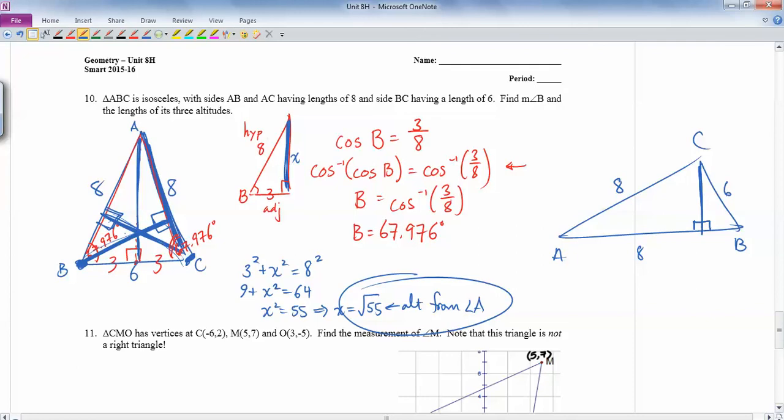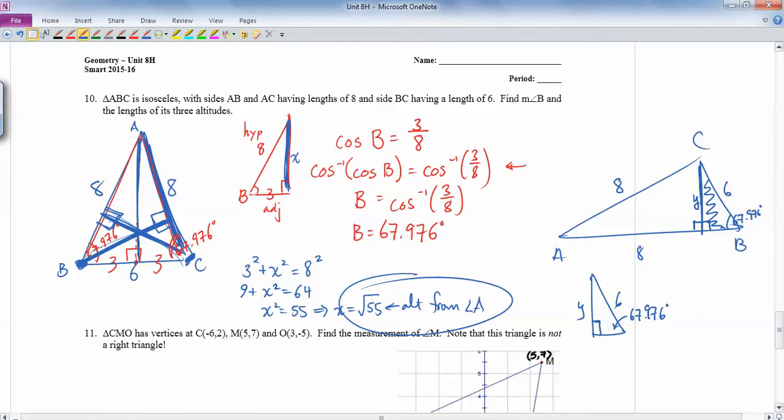Well, we know angle B is 67.976 degrees right here. And I'm looking for this side, which I'll call Y. So you can actually use trig on this little right triangle right here, which I'll draw by itself down here. 6, y, angle B is 67.976 degrees.